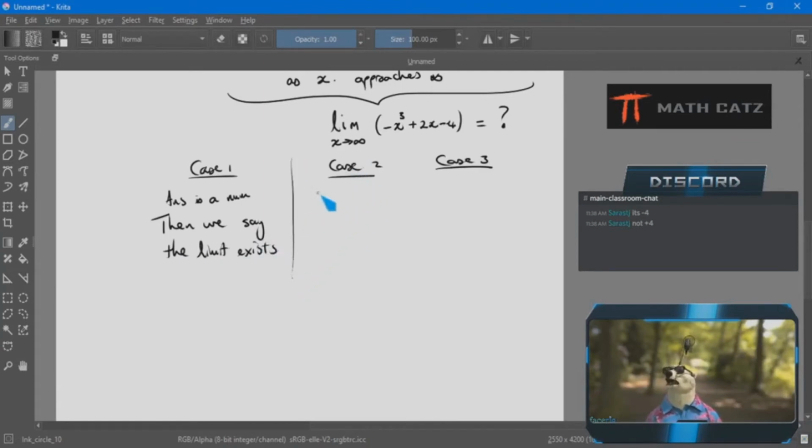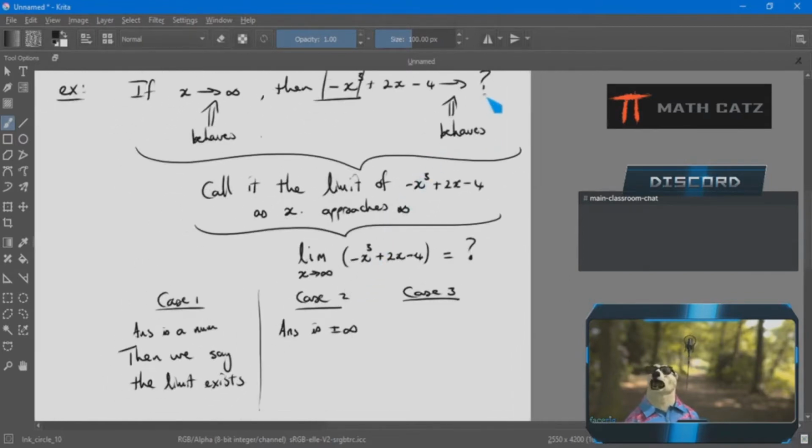But in other cases, the answer, like in our example here, is a plus or minus infinity. Infinity is not a number. Remember that if my answer is infinity, then I don't have a horizontal asymptote, right? It doesn't approach a stable y value. It keeps growing up or down.